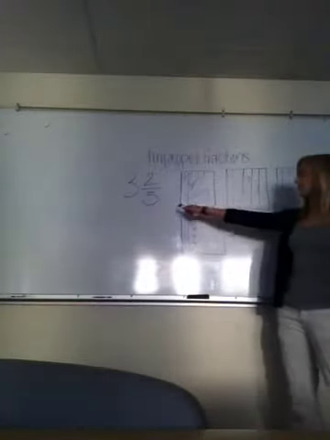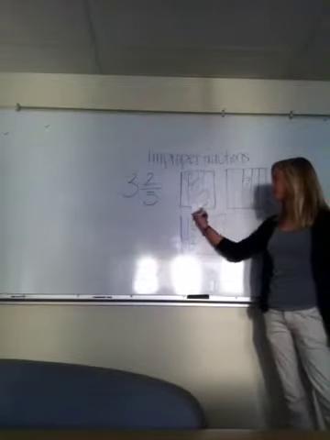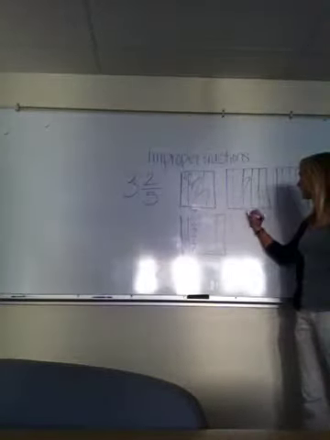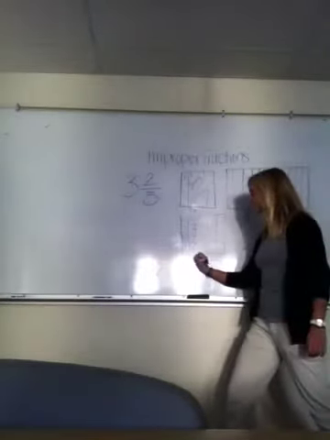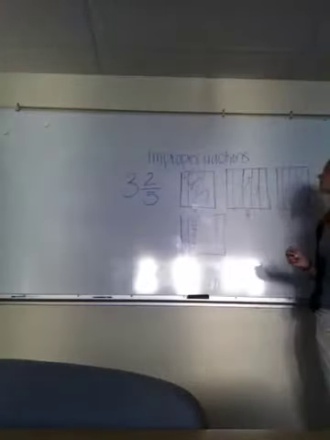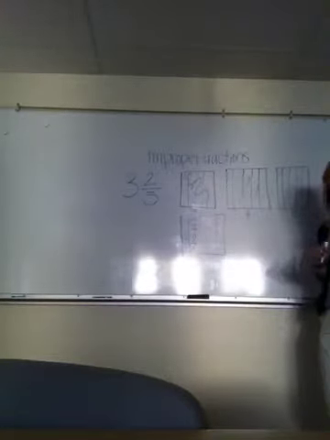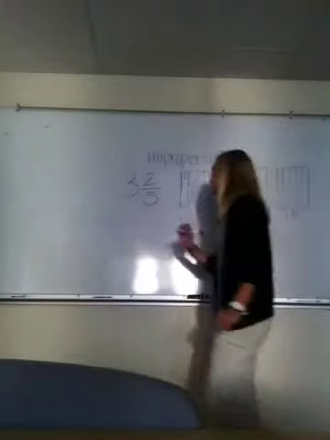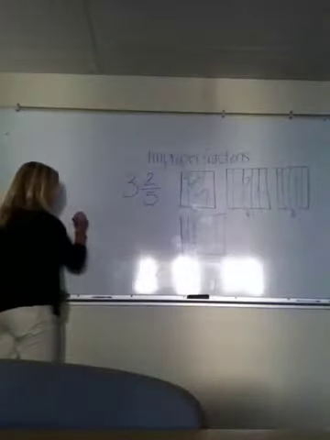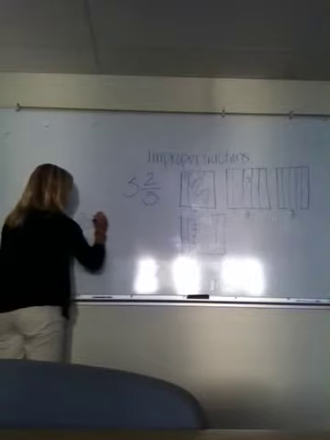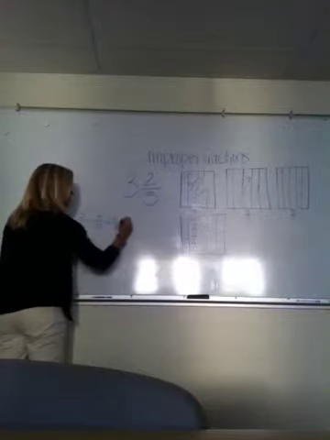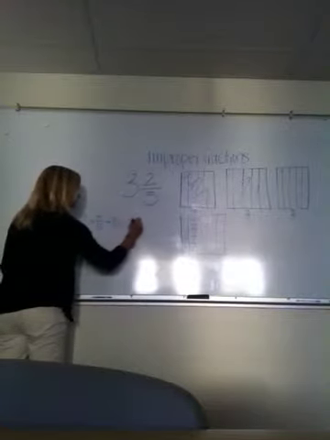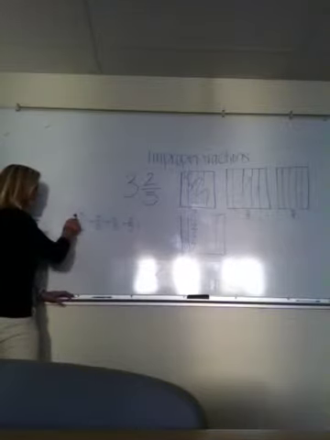Now let's break it down. We've got 5/5 right here, right? And 5/5 here. 5/5 here. And 2/5 here. Does anybody think we can make an improper fraction from this information? You're right, we can. We have 5/5 plus 5/5 plus 5/5, which is our 3 wholes, and our 2/5. 5 plus 5 is what? 10.